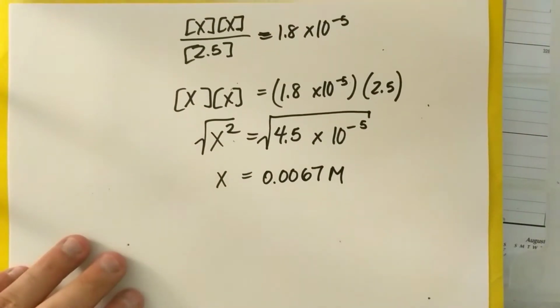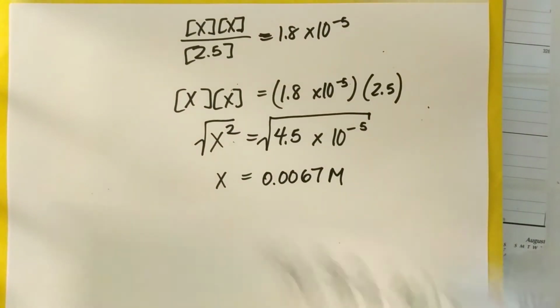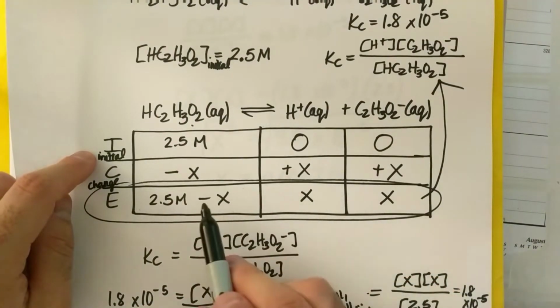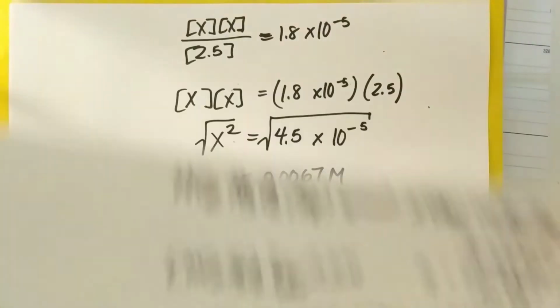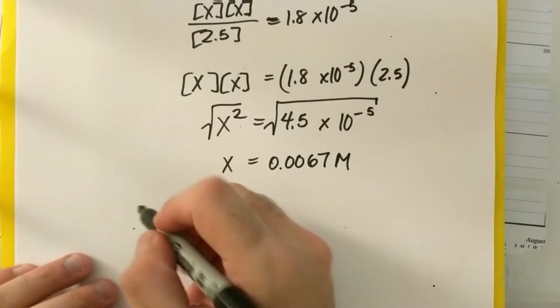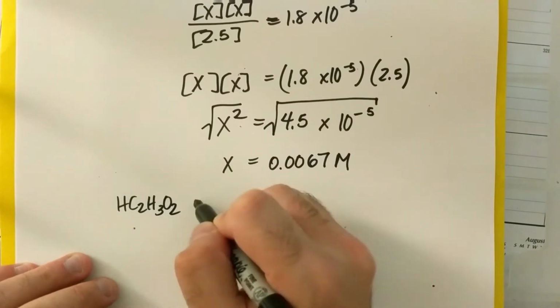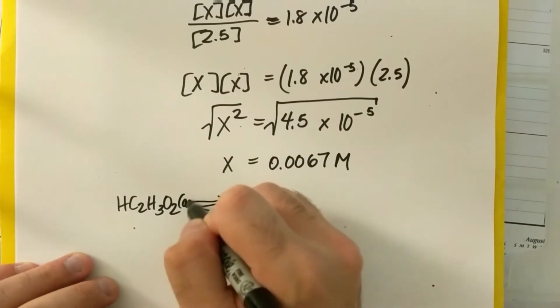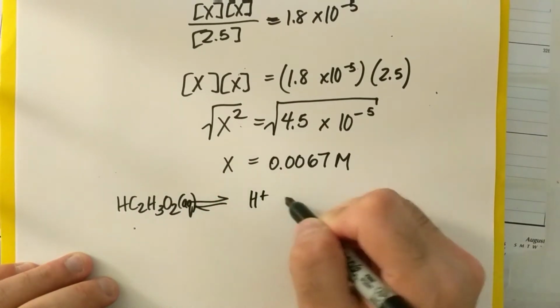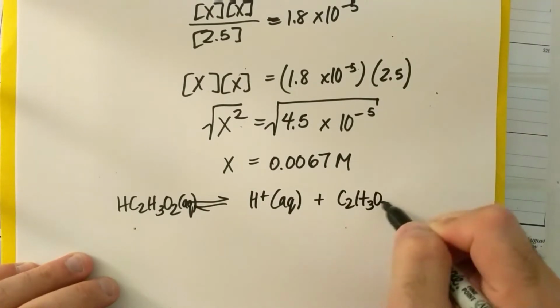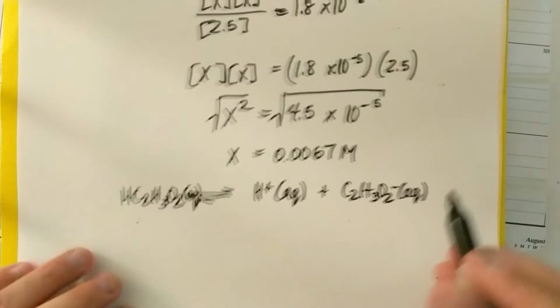So if I go back to my ICE table that I had here, I'm going to reconstruct the ICE table. To get my equilibrium concentrations, I'm just going to plug in my value of X. So if I were to reconstruct that ICE table, I'm doing it on a separate sheet of paper, but you could just go back to yours. H plus aqueous plus C2H3O2 minus aqueous.